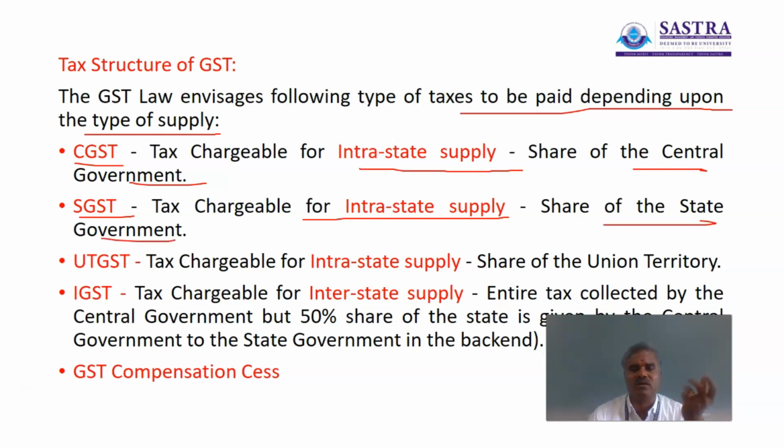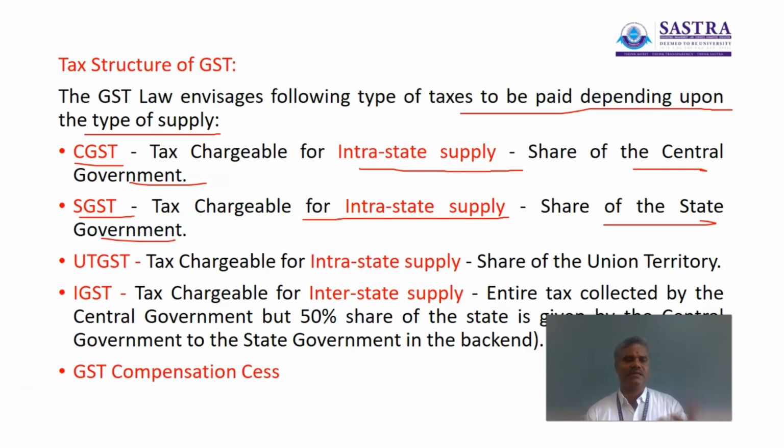SGST for the state government. What is intra-state supply? Supply within the state. Take for example, in Tamil Nadu, Chennai to Madurai. Intra-state. In Kerala, Kottayam to Trivandrum. Intra-state.